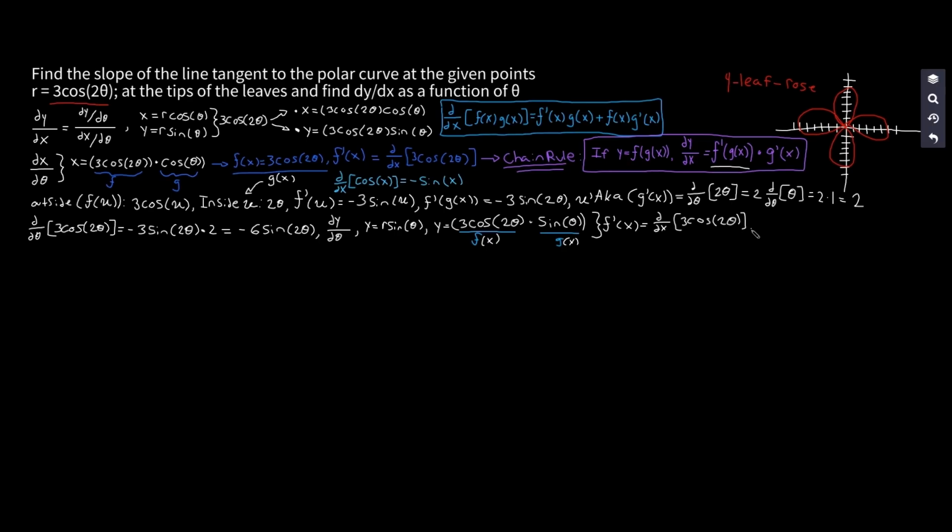And then what to do? Well, factor out that 3. And then we leave this cosine of 2 theta. Now, taking the derivative of cosine of 2 theta is a little bit different than what we have up here, but I do believe it goes like this.